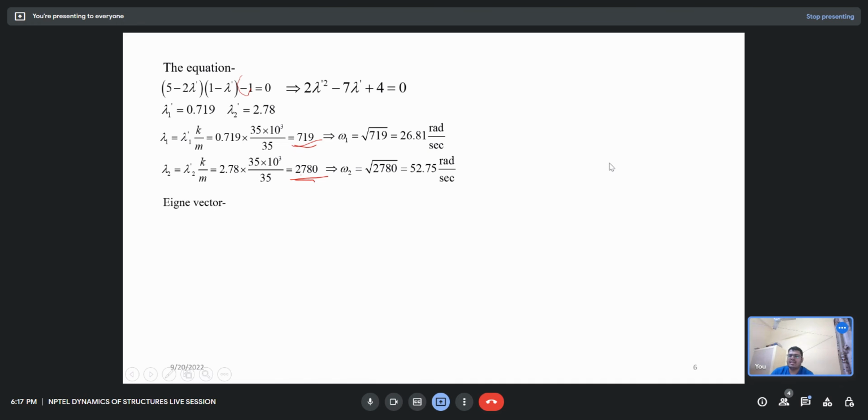So after calculating lambda 1 dash and lambda 2 dash, you can find omega 1 and omega 2. Now with these lambda 1 and lambda 2, can you give a try to finding the mode shapes?